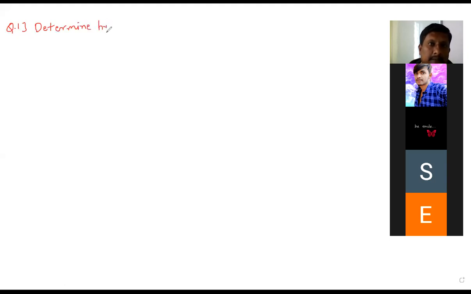Determine hybrid parameters or H parameters. Hybrid parameters of a given network. So this is 10 ohm.